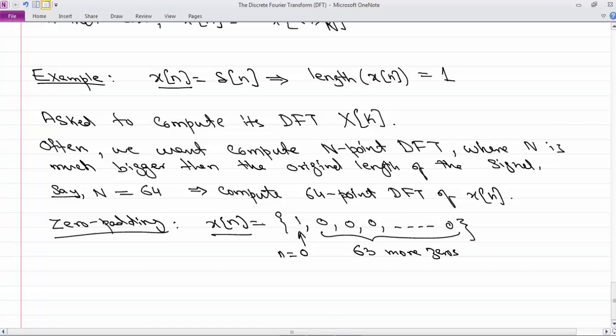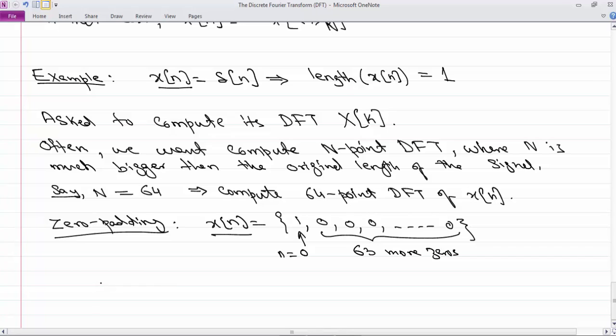So once we decide, no matter what the original length of my sequence is, that I'm going to compute the N-point DFT, where N can be any number bigger than or equal to the length of my original signal, then we can compute the DFT using the DFT formula. So let's go by that.